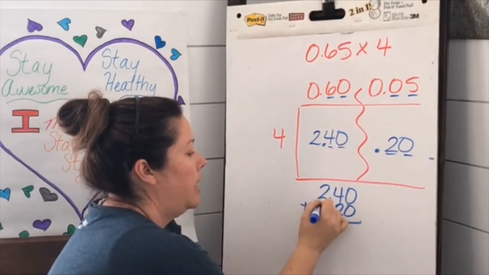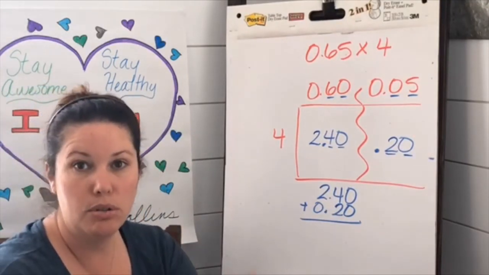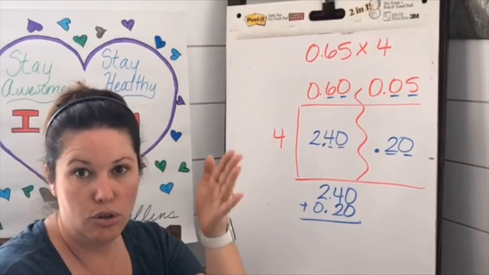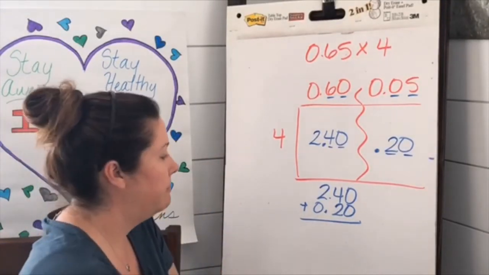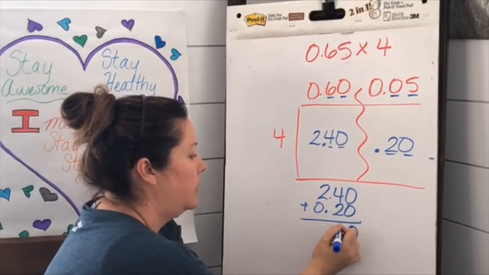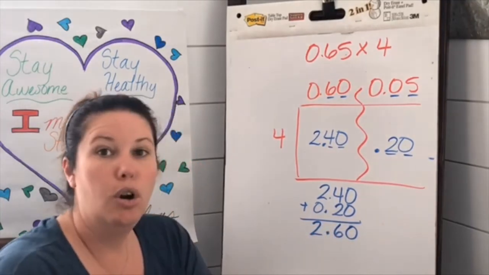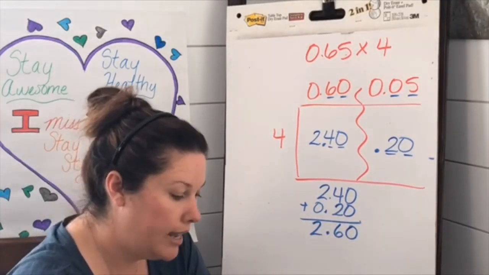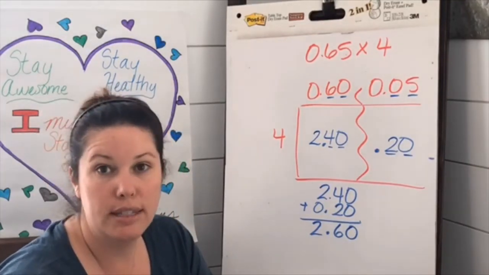And I'm going to put in my 0 as my placeholder here. Remember, when we're adding decimals, our decimal is lined straight up, okay? Because then our place values are lined up. So 0 plus 0 is 0, 4 plus 2 is 6, and then 2 plus 0 is 2. So her total price for the 4 pounds is going to be $2.60.